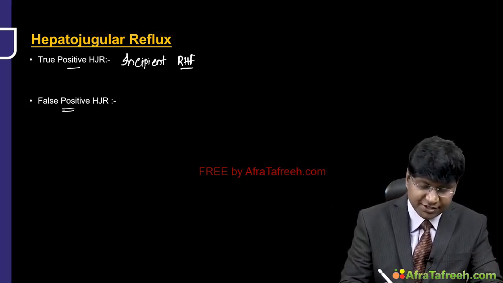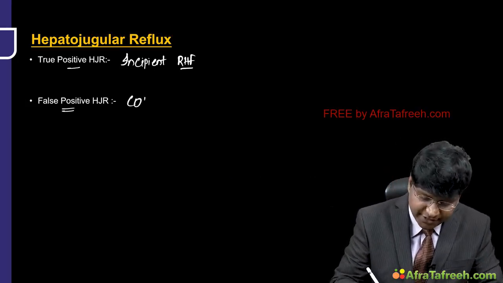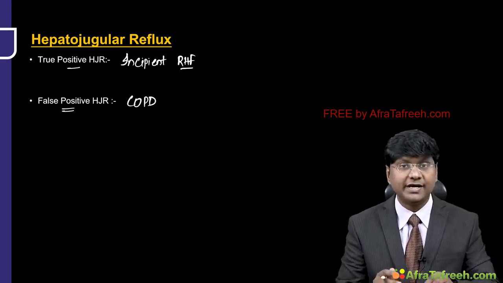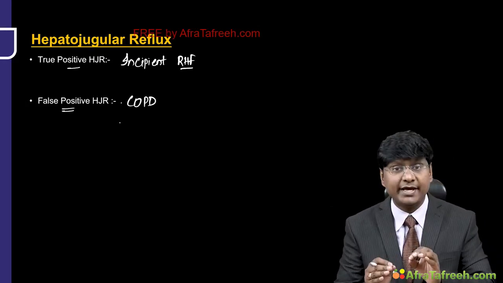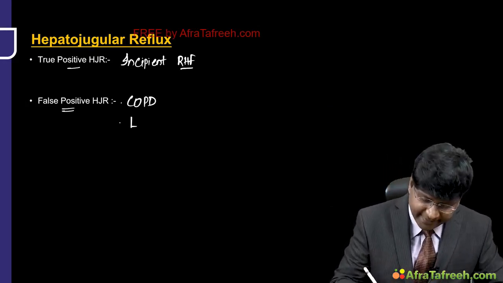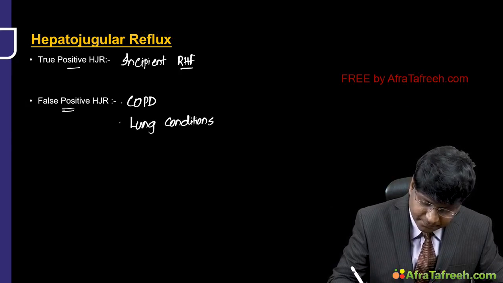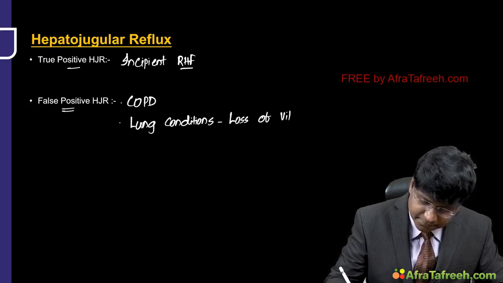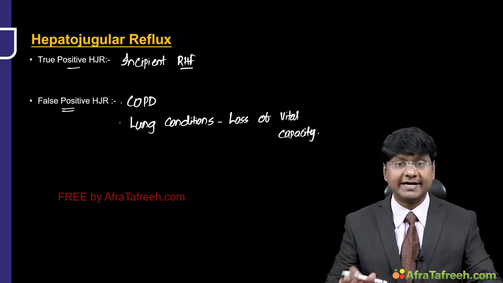Now, what are the conditions where you will have false positive hepatojugular reflex? That is, in chronic obstructive lung diseases, you can have false positive hepatojugular reflex. Next, in lung conditions with loss of vital capacity.